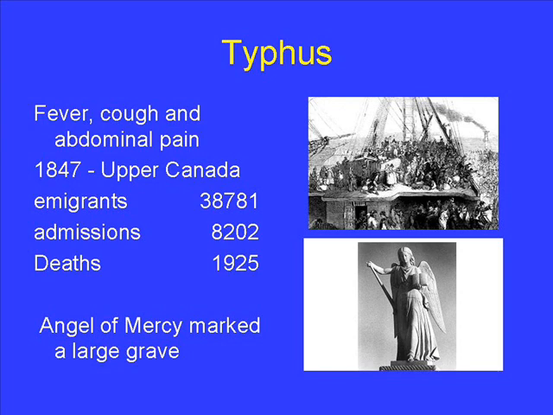In other words, 1 in 5 of the people who came were sick when they arrived, and of those that arrived, 1 in 4 died. And the end result was that Kingston was devastated.